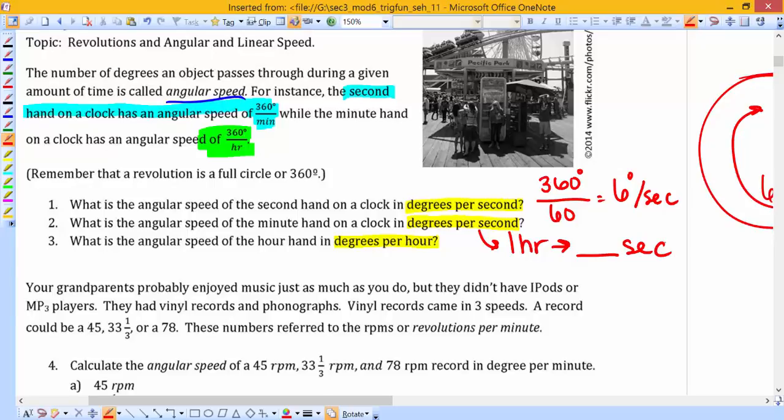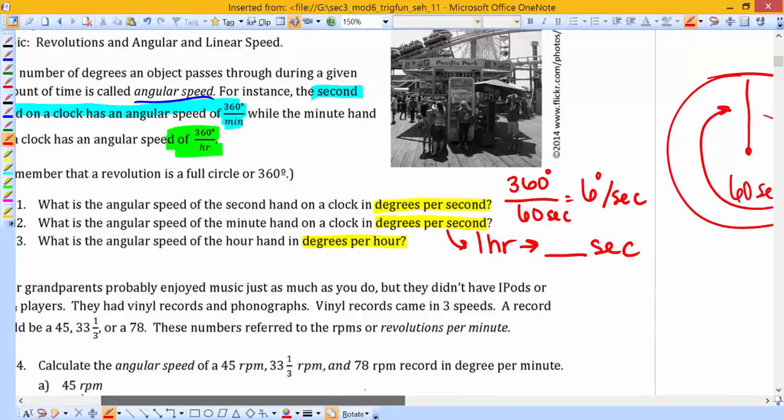You need to figure out how many seconds are in an hour. In number 1, we divided by 60 seconds. You're going to have way more seconds than that to divide by. So it's always going to be 360 divided by something, but you need to convert 1 hour into how many seconds are in an hour, and then divide.